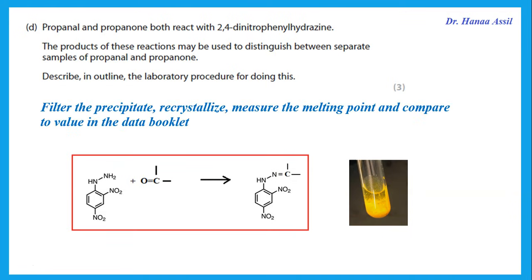So we can take that precipitate, filter, recrystallize, measure the melting point, compare to values in the data booklet, and I can use it to determine which aldehyde or ketone we started with.